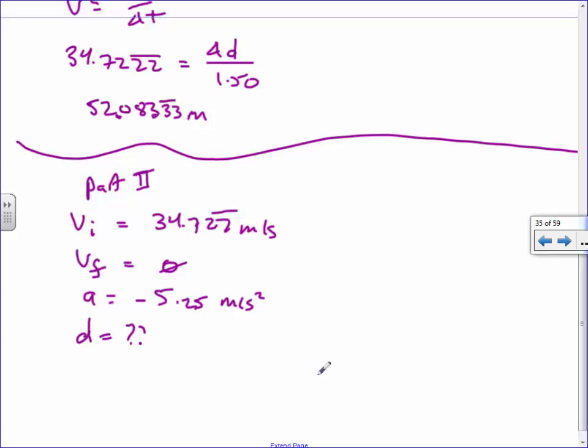I didn't make it negative. Why? Yeah, you slow down, right? If you use positive 5.25, this would be you coming across an accident. You're like, oh no, there's an accident here, and you accidentally hit the gas. That's going to cause bigger problems, right? So we do need it to be negative.